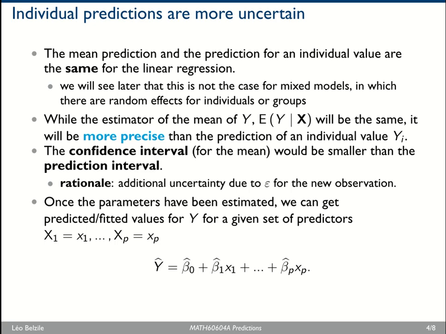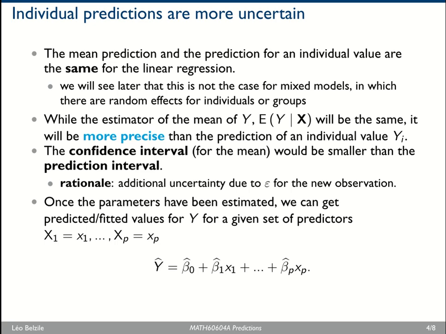Whereas if you're looking at a particular individual, the average is not going to deviate much, whereas a single person can deviate more from the model. And so the precision of the prediction for the individual value will be smaller. In other words, there will be more variability for individuals than there will be for the mean.